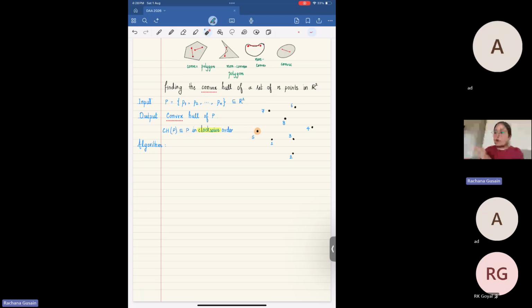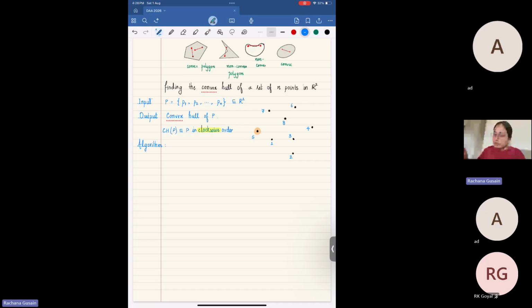That is how you are going to compute the convex hull. Essentially, it is about finding these vertices. Some points you have already selected, and in every iteration, you want to find the next leftmost point, as if you were standing at the previous point and looking at all the remaining points.